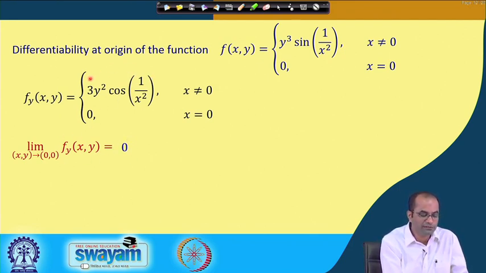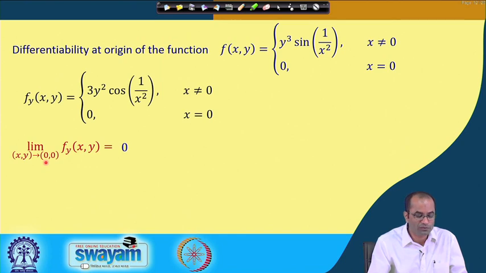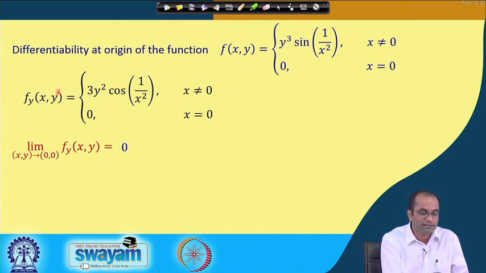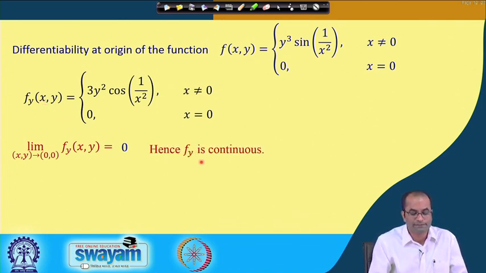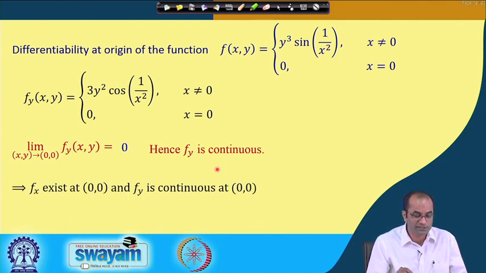So, the limit of this function 3y² cos(1/x²), when we take (x, y) to (0, 0) from any direction, is 0, and this is the value at the origin as well of this function f_y. Hence f_y is continuous. This is a special example where f_x was not continuous and now f_y is continuous.